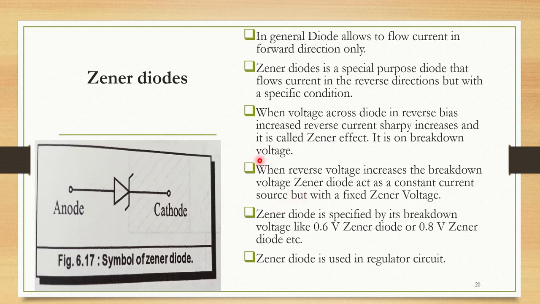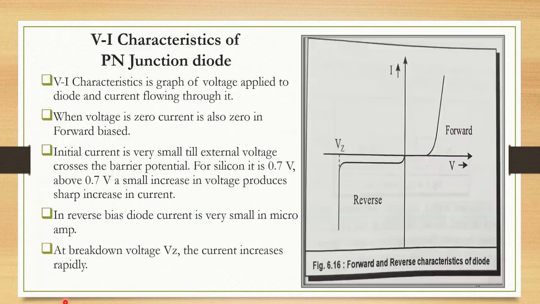So what I was telling is, when the voltage across the diode in reverse bias is increased, reverse current sharply increases, and it is called the Zener effect. It is at the breakdown voltage. In reverse bias, when Vz is the breakdown voltage and it is increased even slightly, this current suddenly increases.